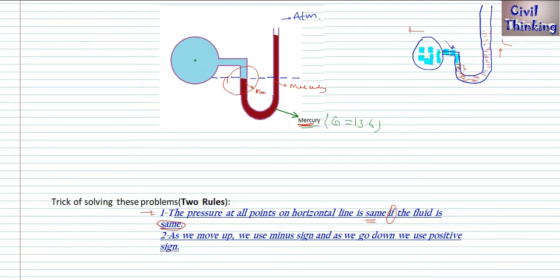So on this line we have mercury, therefore if the pressure at this point is P, because here is mercury too, the pressure here is P again. Now this concept is really important.